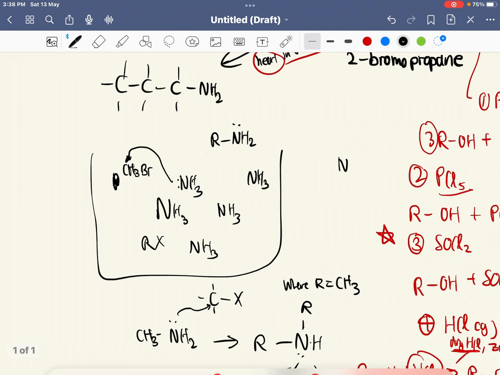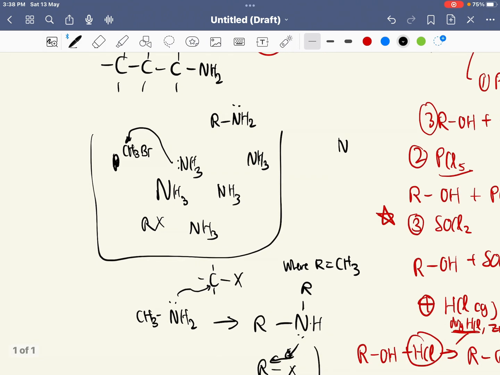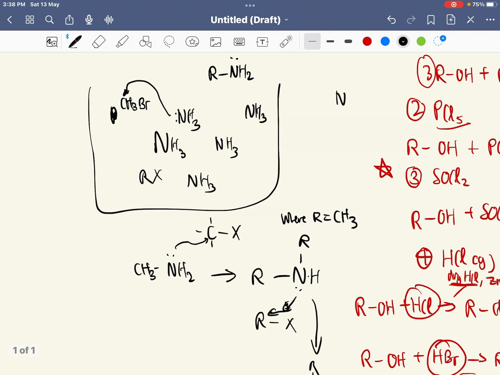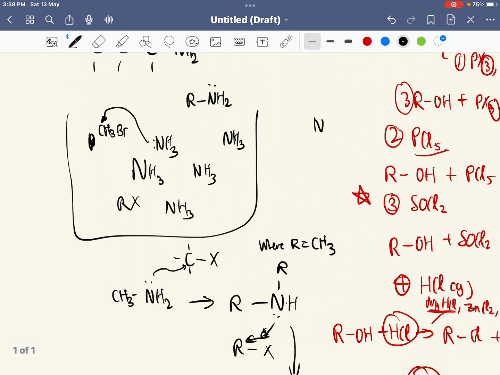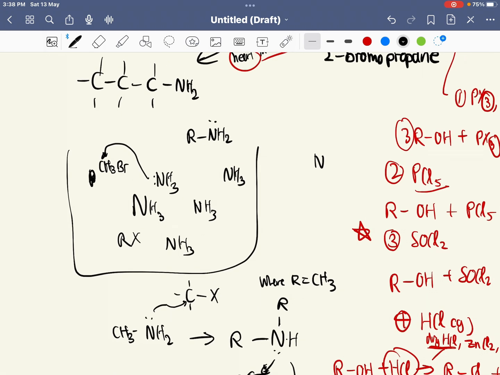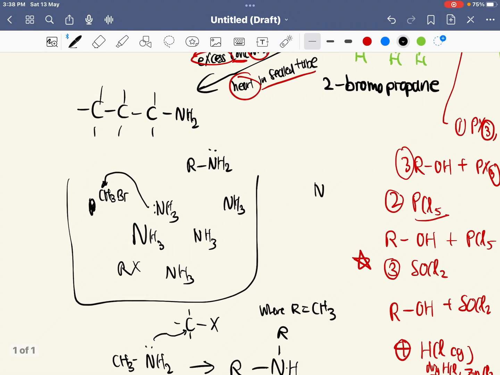Because of this nucleophilic attack, I can form my first substituted primary amine. So this is the product here.